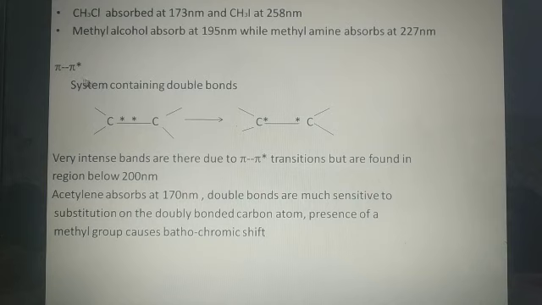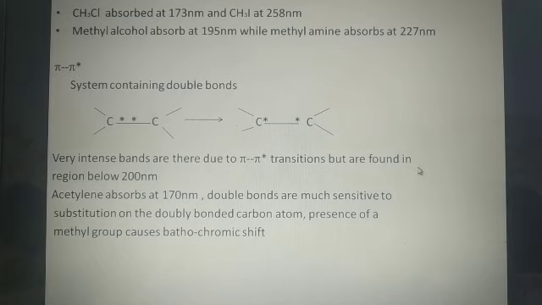Then pi to pi star transitions are also there. Pi to pi star transitions are very common in alkenes or alkyne molecules. Here the electrons are excited from the pi bonding molecular orbital to the anti-bonding molecular orbital. These transitions are of much use, the reason being that these are very intense bands in the spectra.